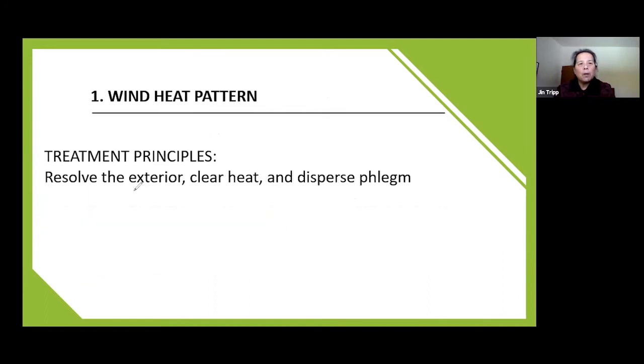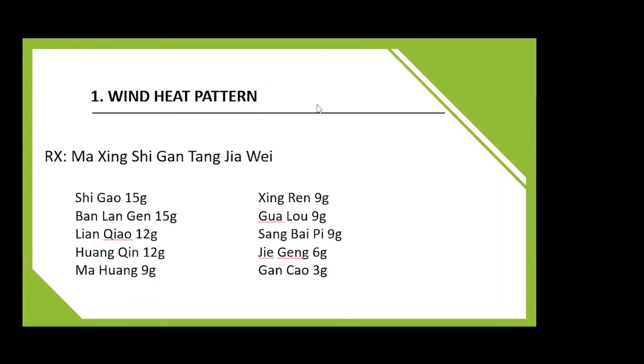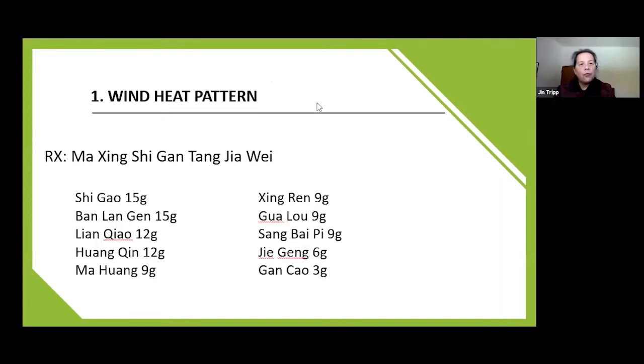The treatment principle: relieve the exterior, clear heat, disperse phlegm, and open the lung. The formula we use is 麻杏石甘汤加味, where 加 means plus, with more ingredients.